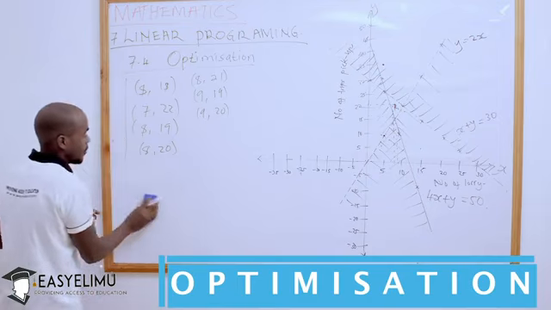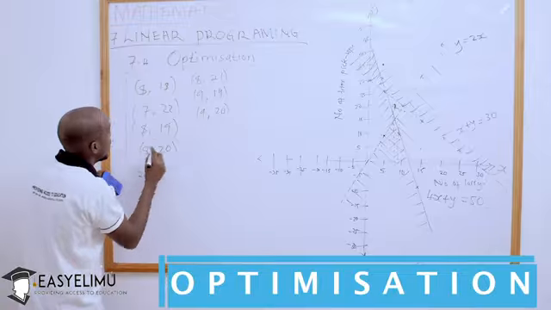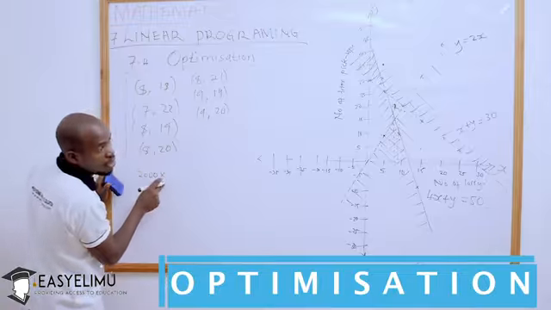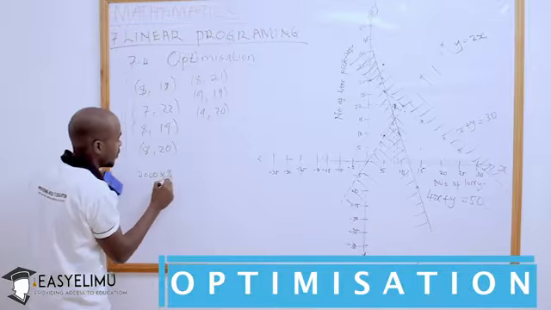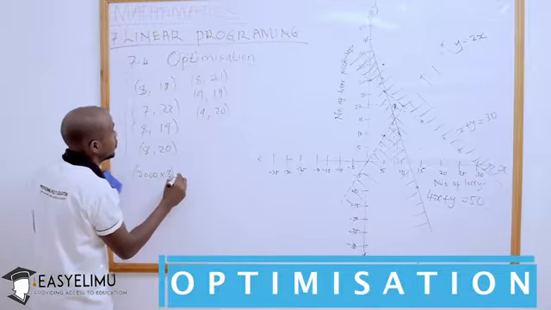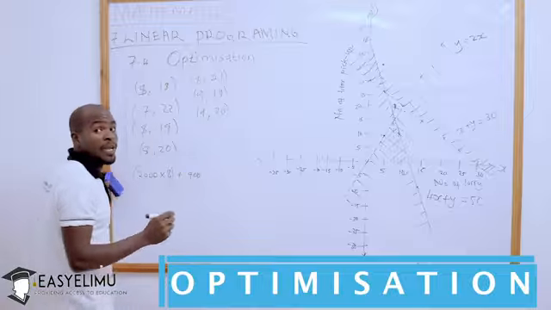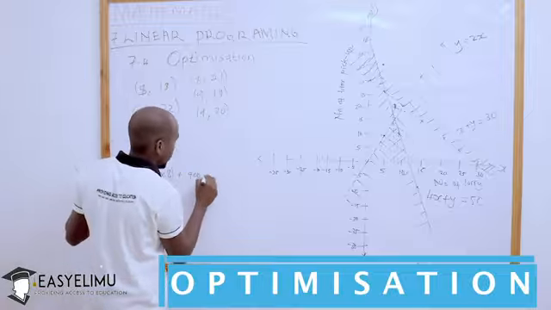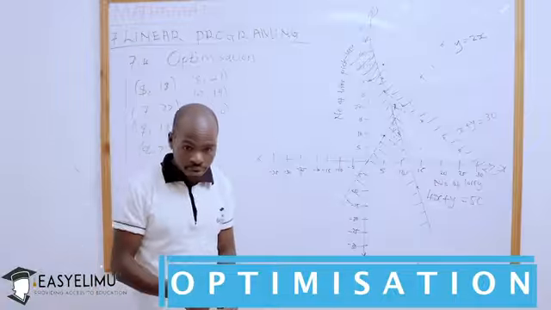For example, the first one is 2,000 multiplied by the lorry's 8, which I will replace with the 8. Then we add 900, which was the price per pickup. Then I multiply by 18. Let's see what we shall find out at the end.